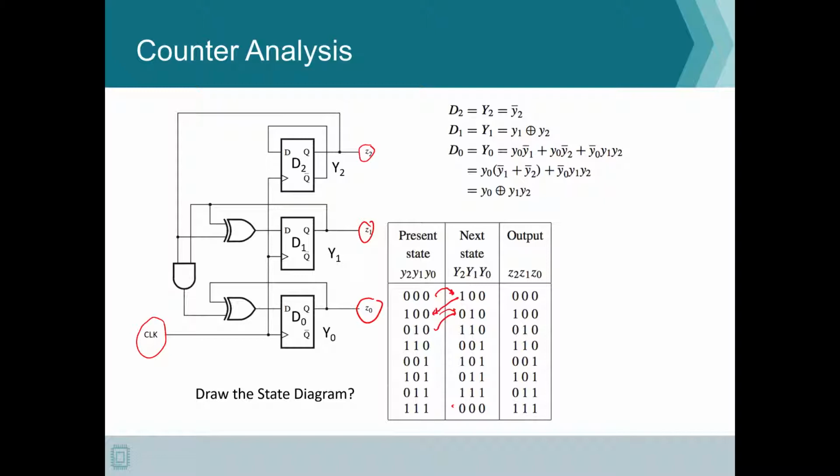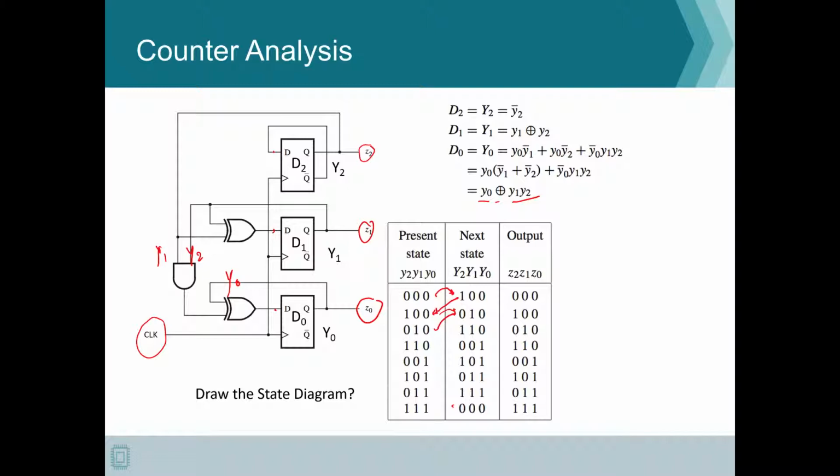In this particular example, since we don't have an input, we need to evaluate the values that are inputs to the D flip-flops. Here we have D0, which is Y0 XOR the AND of Y1 and Y2.